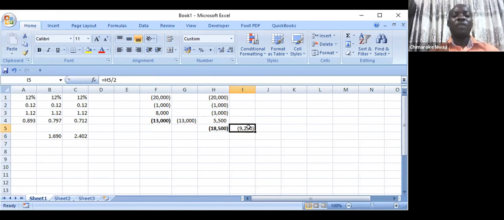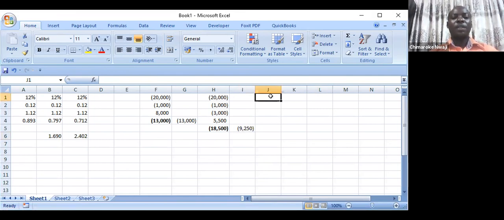So now you have 9,250 each year, as against 11,183 each year. So you see, year 2, the cost is cheaper. We'll go to year 3 and see what we can do.